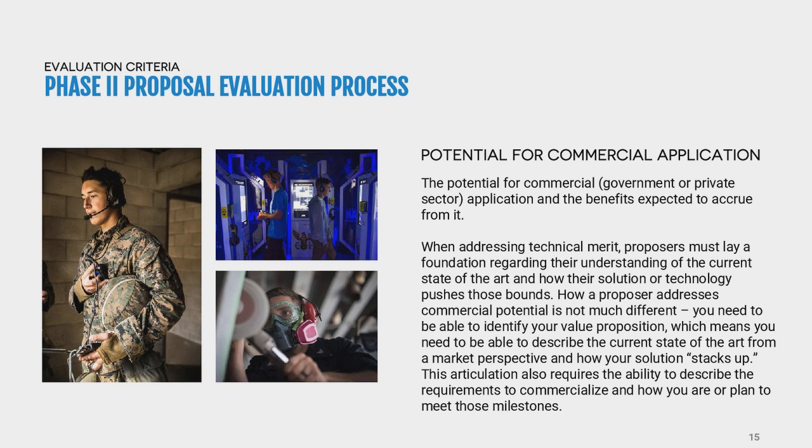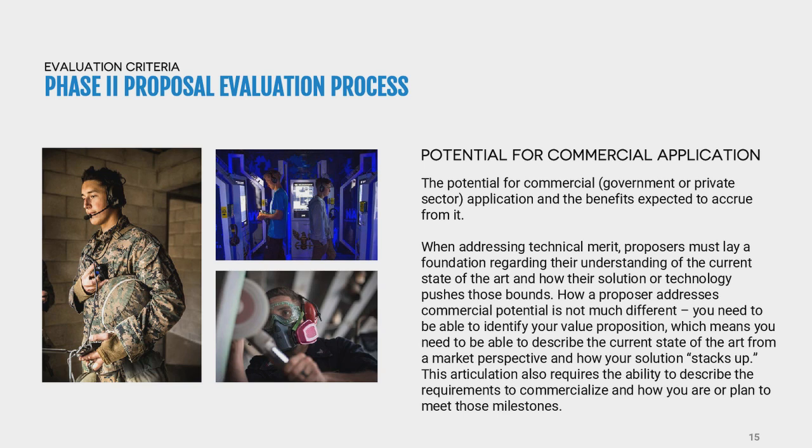The potential for commercial application. The bottom line here is you need to fully articulate your value proposition, both to the market and to the DoD. So if you think that you're doing something better, faster, cheaper than the current state of the art, you need to state that.